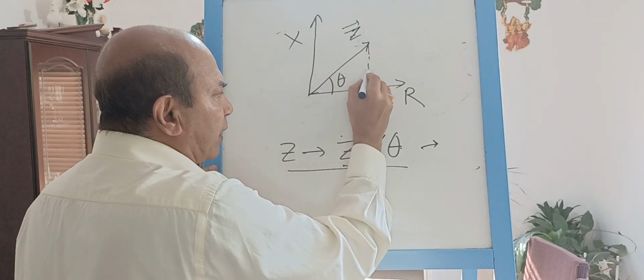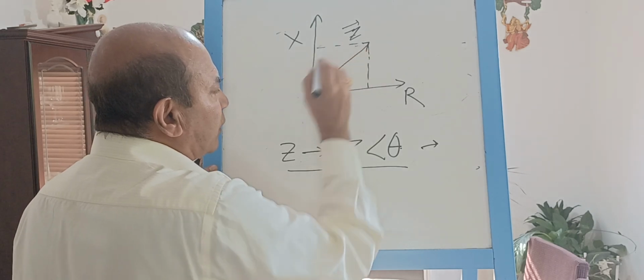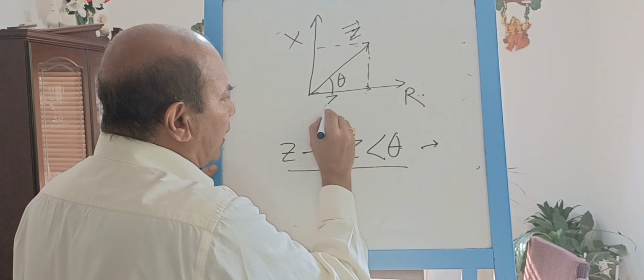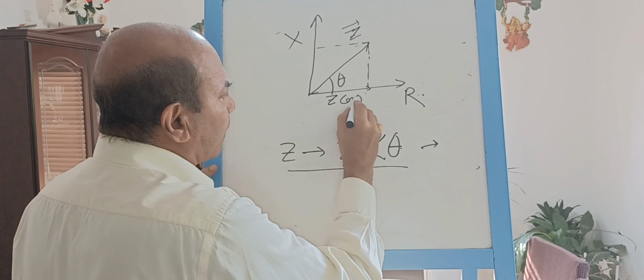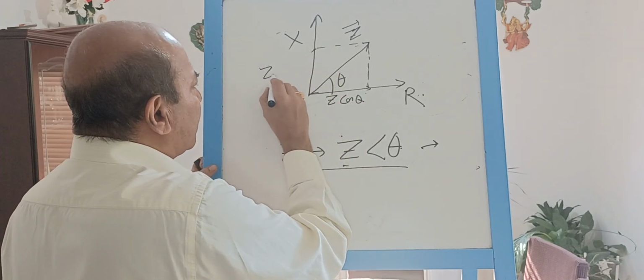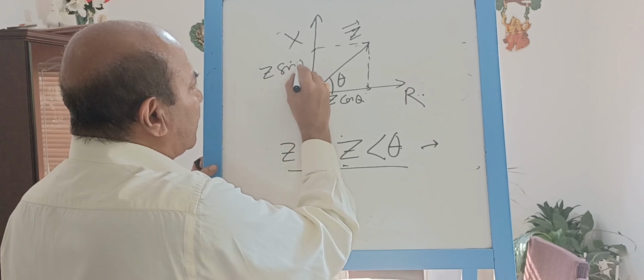We can make rectangular resolution, we know. This is theta. If this component is R, then R equals Z cos theta, and this component X equals Z sin theta, right?